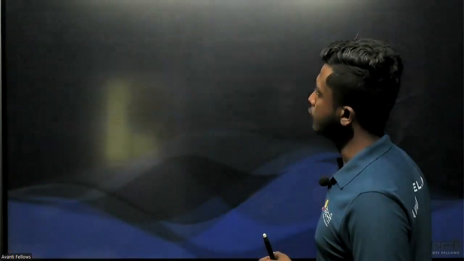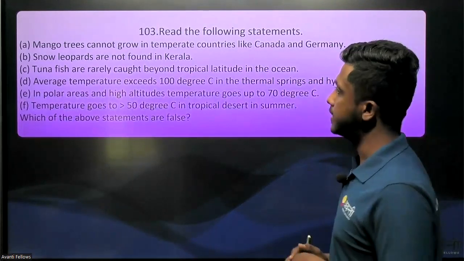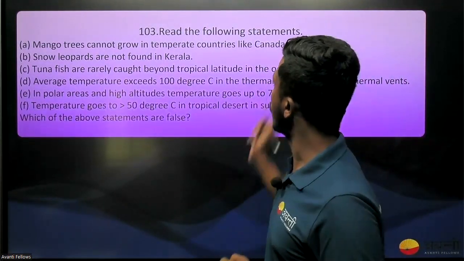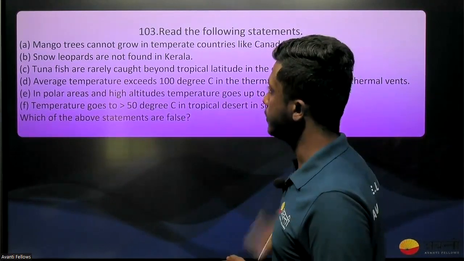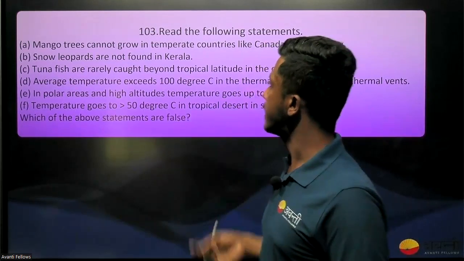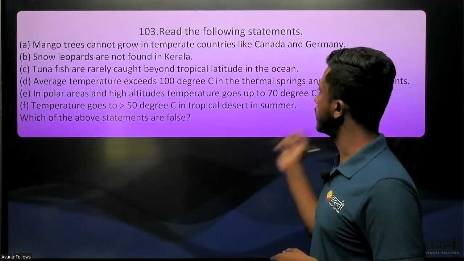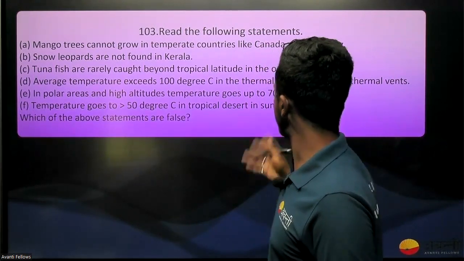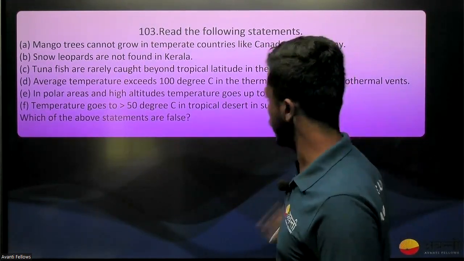Coming to the next question. Read the following statements. Mango trees cannot grow in temperate countries like Canada and Germany. Snow leopards are not found in Kerala. Tuna fish are rarely caught beyond tropical latitude in the ocean. Average temperature exceeds 100 degrees Celsius in the thermal springs and hydrothermal vents.